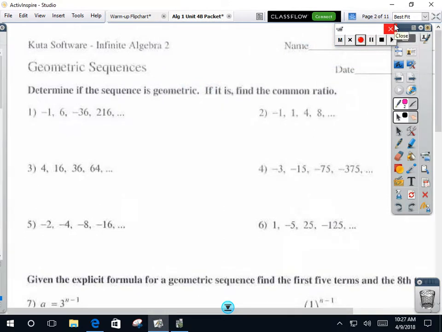The first thing we're going to do is write down the definition of a geometric sequence. So just write small. I'm going to start it up here.